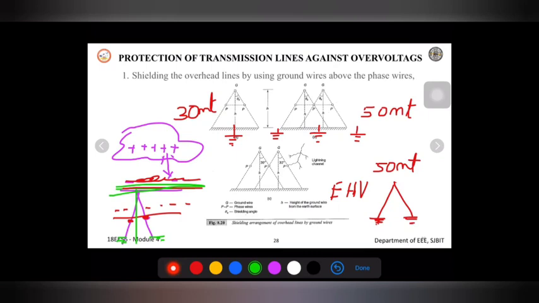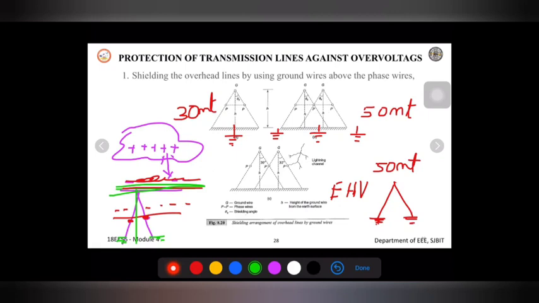So whenever a lightning stroke occurs on our transmission line, it will be transmitted to the ground through the ground wire, and only the induced charges will be present on the phase of the line. The potential difference between the ground wire and the cloud, and between the ground wire and the transmission line, will be in inverse ratio to the respective capacitances of the line.